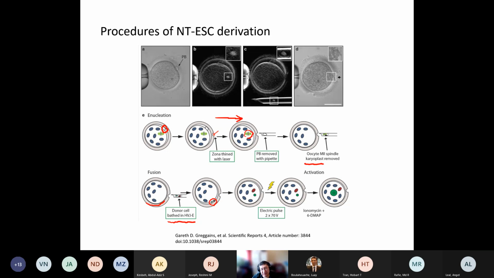It's called the hemagglutinating virus of Japan. It's a strange name. You're going to have the name in the next slide. So this virus will cause cell fusion. This somatic cell is going to fuse with the oocyte. That's how this somatic cell gets in.